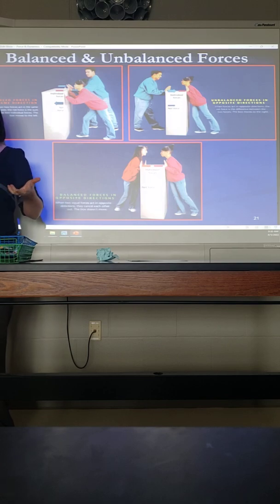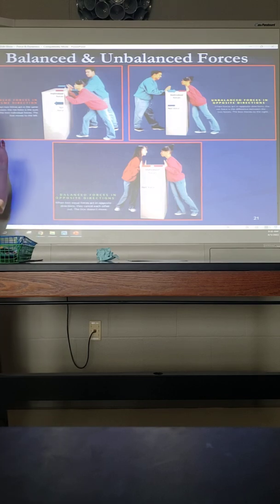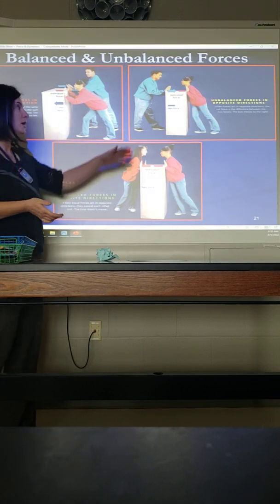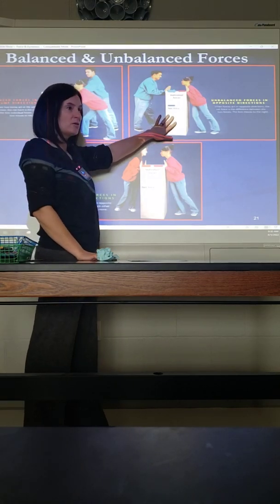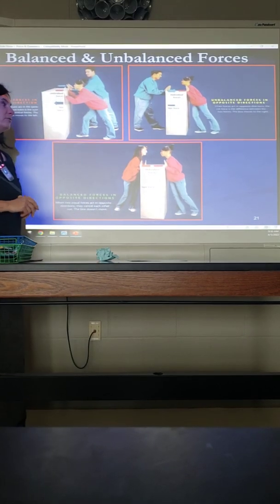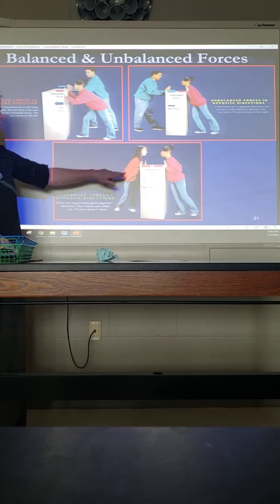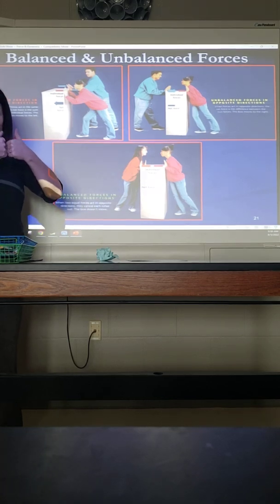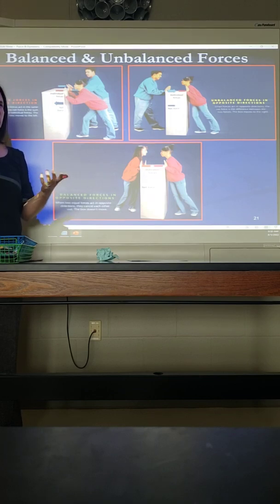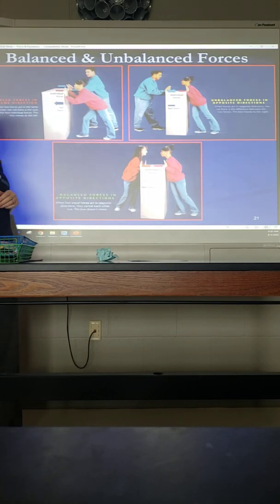If you and somebody else combine your force, you have a greater force than you had alone. If you're pushing against each other, the greater force wins, and the result is in the direction of that force. Equal forces pushing in opposite directions give no change. They cancel each other out.